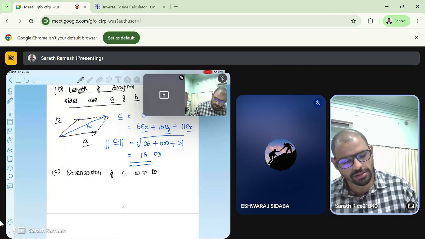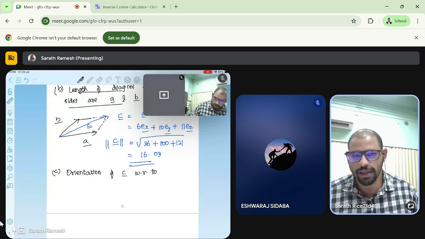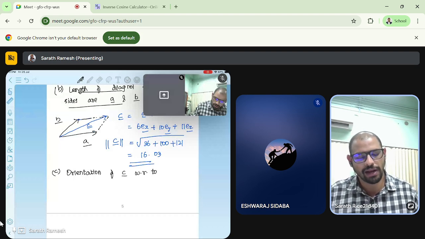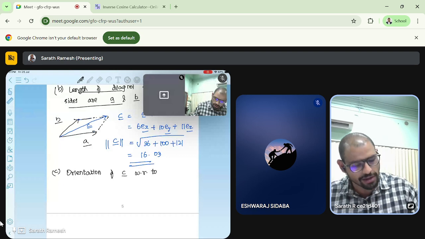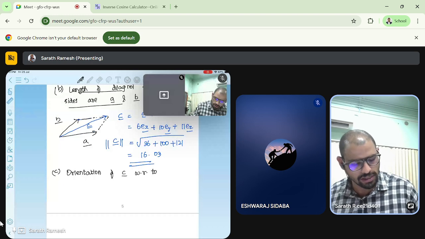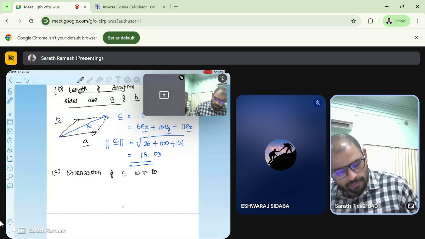There are three subdivisions in this question. So orientation of C with respect to Ex and Ey and Ez. Orientation is nothing but the angle between those two. Now how will we find the angle between two vectors? We have C vector here, which is 6Ex plus 10Ey plus 11Ez, and another, let's do one by one.